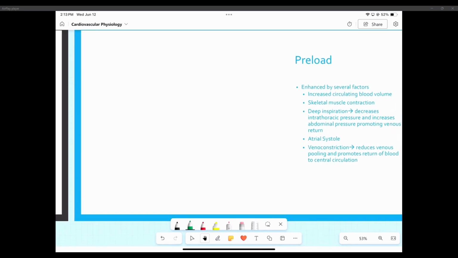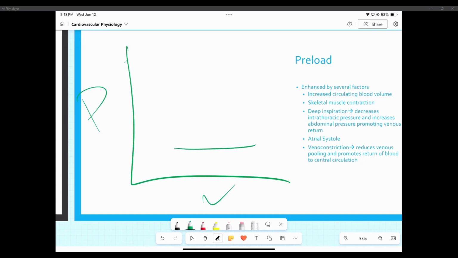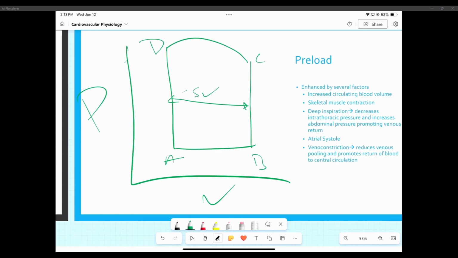So, preload. And I'm going to draw out our pressure volume curve again. Here's our pressure. Here's our volume. Okay. Everyone good so far with what I just drew? This is your basic pressure volume curve, the same exact thing we just drew before.